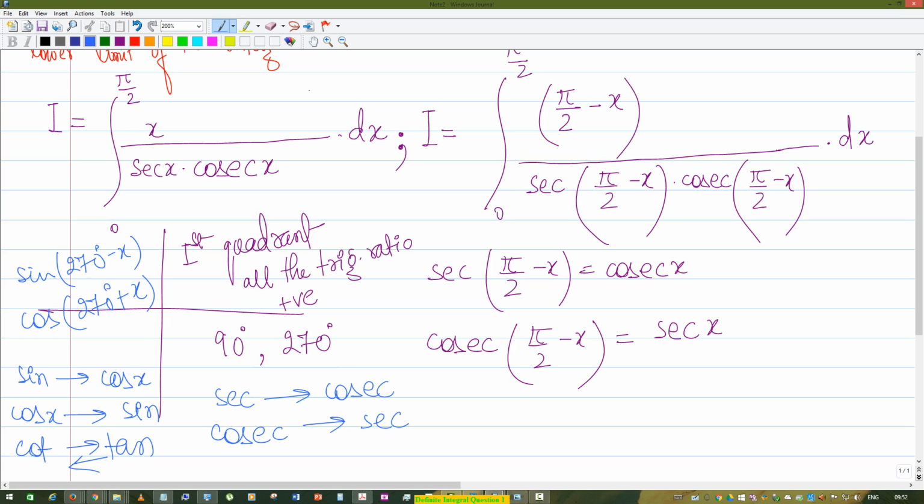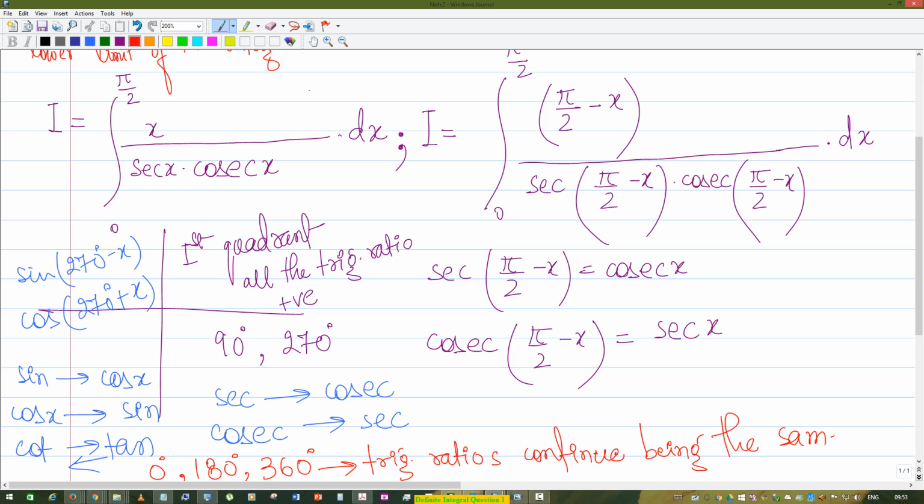And in the case of 0 degrees, 180 degrees, and 360 degrees, the trigonometric ratios continue being the same. They don't change.